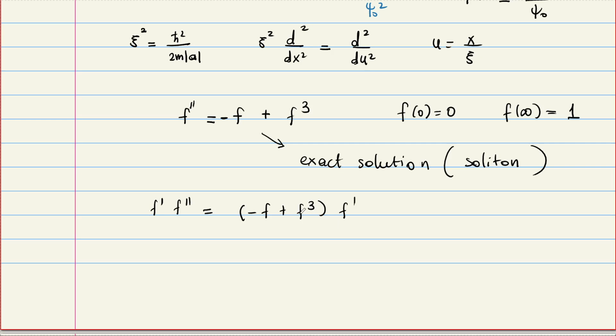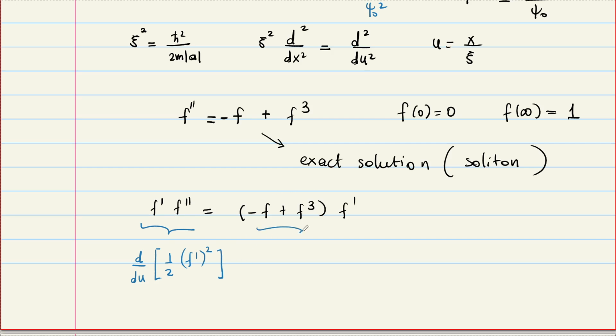And this side I want to write as d/du of f prime squared. Okay, but there is also a factor of 1/2, right? If I take the derivative, I obtain this line.